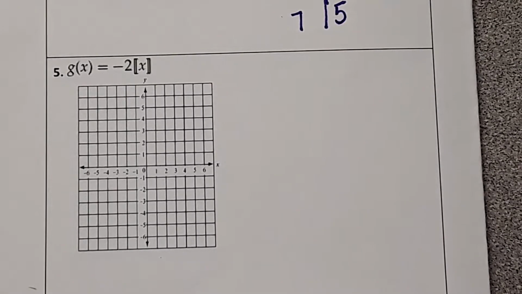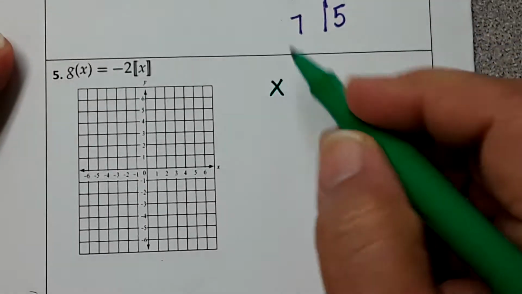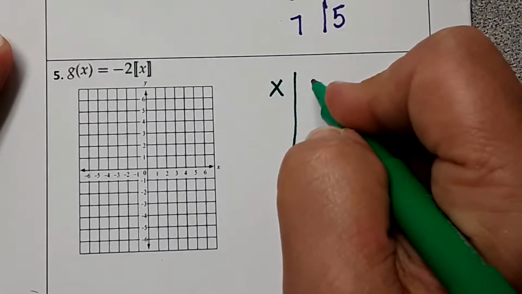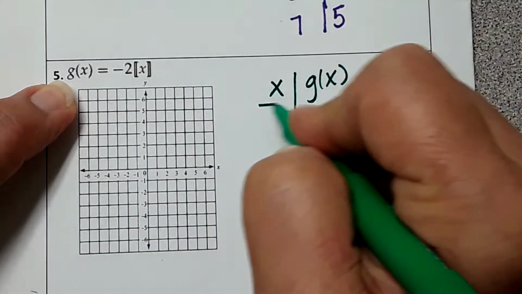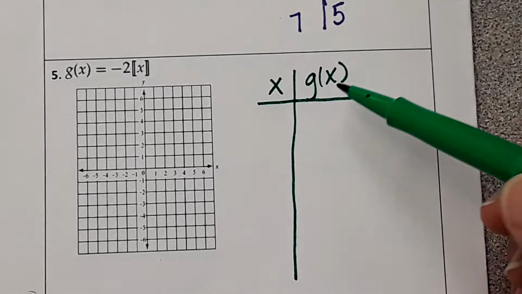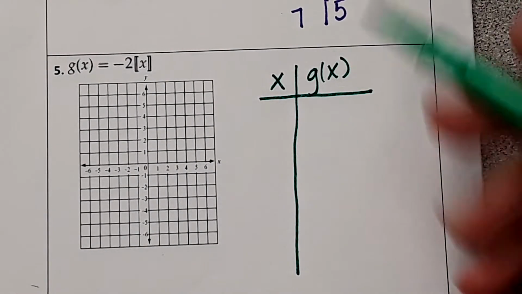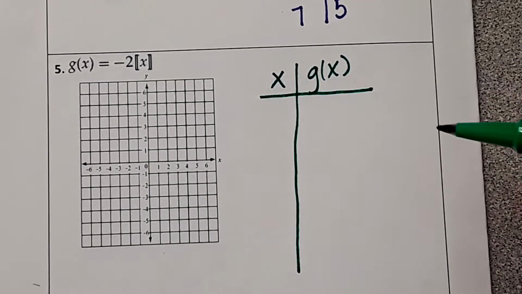So when we do this, we're just going to make a table. And we're going to call it g of x, which is basically y. Remember, g of x, f of x, h of x, those all just mean functions, but they're also a y.